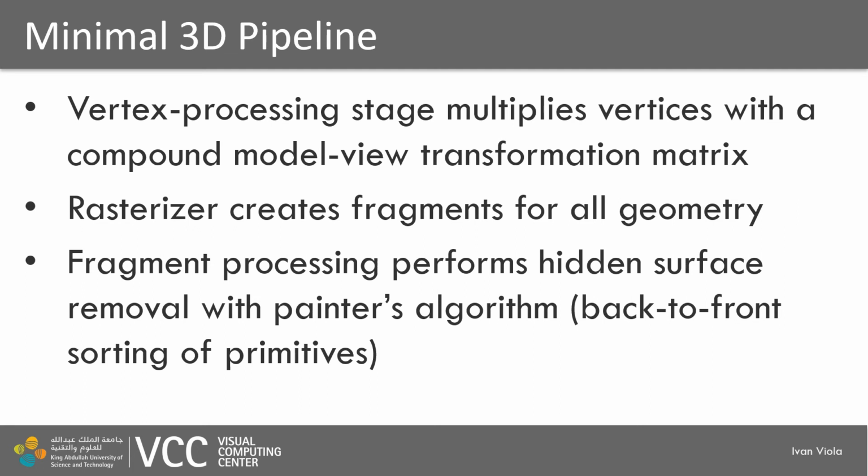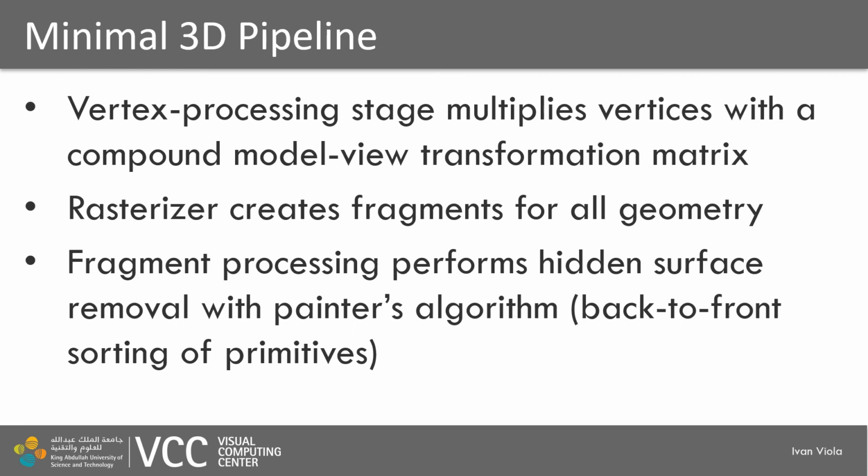So let's discuss a small graphics pipeline which has a minimal amount of steps. In the vertex processing stage, we would typically not do much else than multiply all vertices with the compound model view transformation matrix. And that's all.